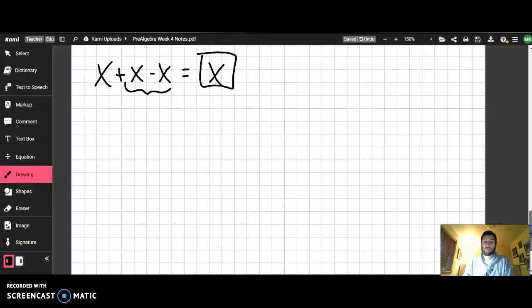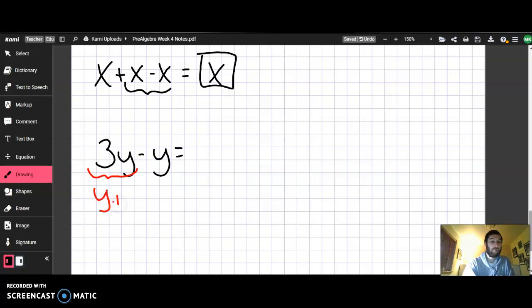Let's do 3y minus y. Well, here we don't have 4 y's anymore because the 4 came from adding by y, repeatedly adding by y. The 3 is positive, so we're repeatedly adding 3 y's here. So we have 1 plus 2 plus 3, but our y in black is being subtracted.